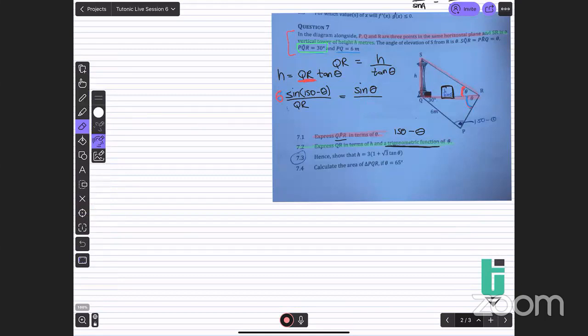Then the QR can multiply over there, and then you divide by the sine theta. Do you agree? So you're left with 6 sine 150 minus theta. What can you do to the sine 150 minus theta?